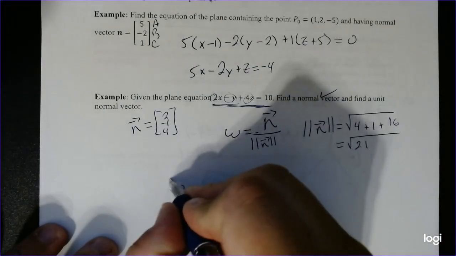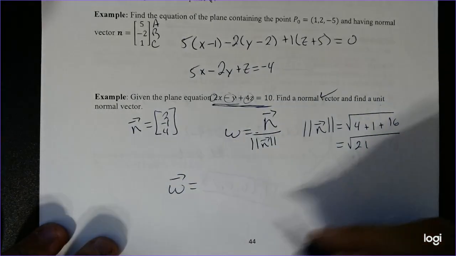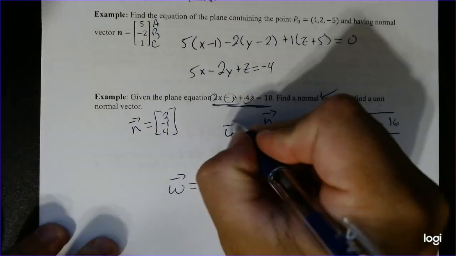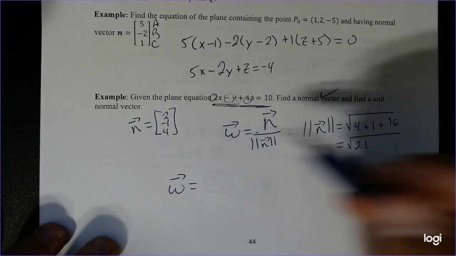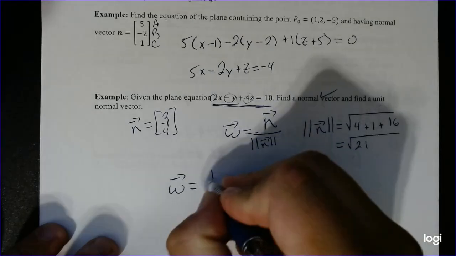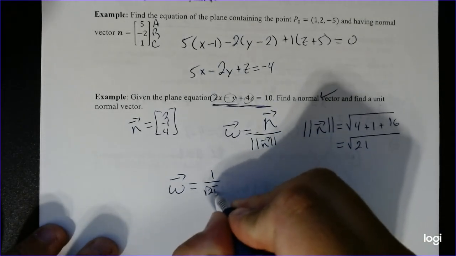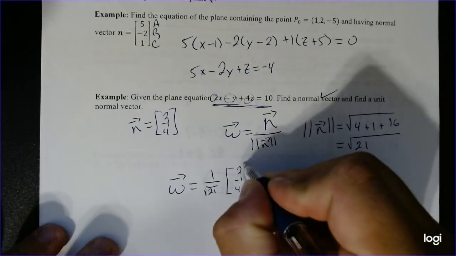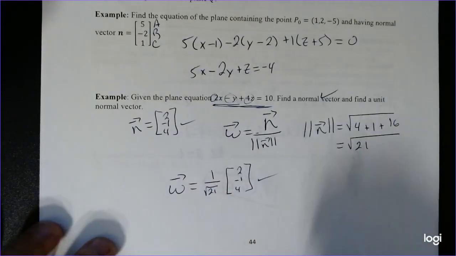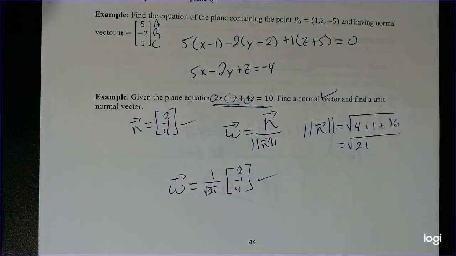So our unit normal vector, I call it W in this case, remember we defined it earlier to be normal, is equal to our vector times our magnitude. And there we go. Both of those are done.